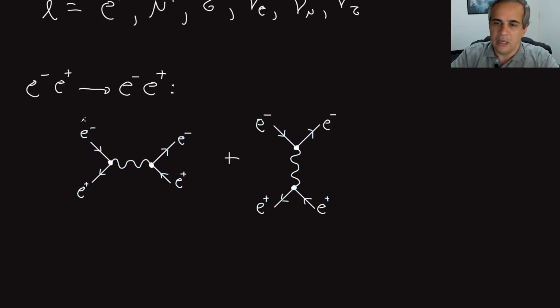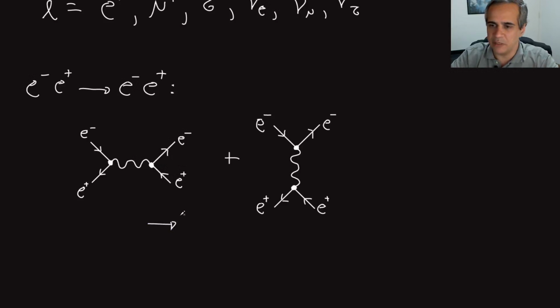Either I could have the electron and the positron annihilating and producing a photon, that then decays and produces a pair of electron-positron, or I could just have the scattering of an electron exchanging some energy and some momentum with the positron.